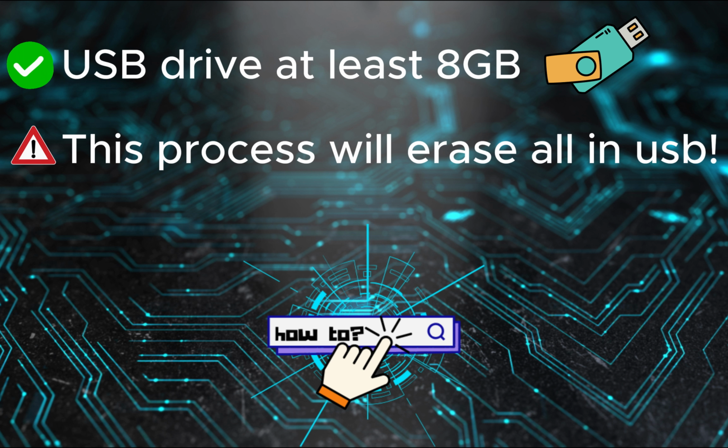I got a 64, so that's more than enough. And it's going to format all the files. So I recommend you to use a blank flash device, because it's gonna erase everything, but it's gonna be bootable and it's gonna work if you, like I said at the beginning, are creating a built PC and you want to install Windows 11.